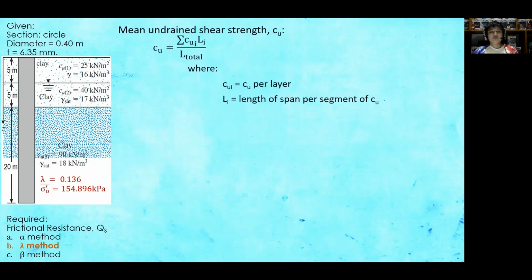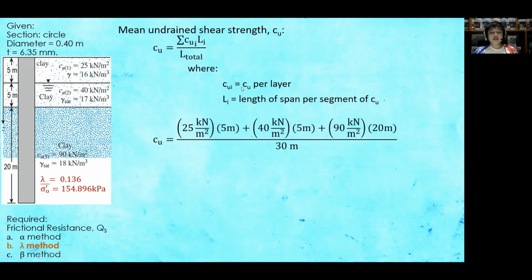Next, for mean undrained shear strength, or C sub U, it is equal to the sum of the individual C sub U multiplied to the segment length all over the total length of the pile. So substitute the individual CU and corresponding segment length.